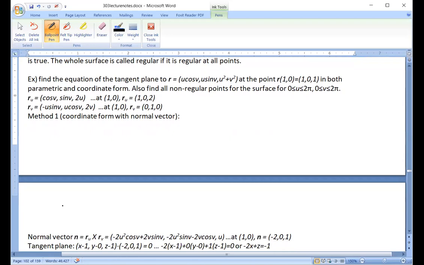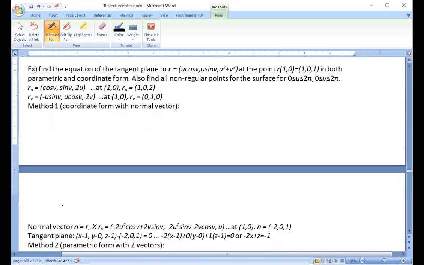And that's one way to write down the equation of the tangent plane, or we just expand it out. Negative 2 times x minus 1 plus 0 times y minus 0 plus 1 times z minus 1 equals 0. Or to do a little more simplifying, negative 2x plus z equals negative 1. And there's the equation of the tangent plane written in coordinate form.